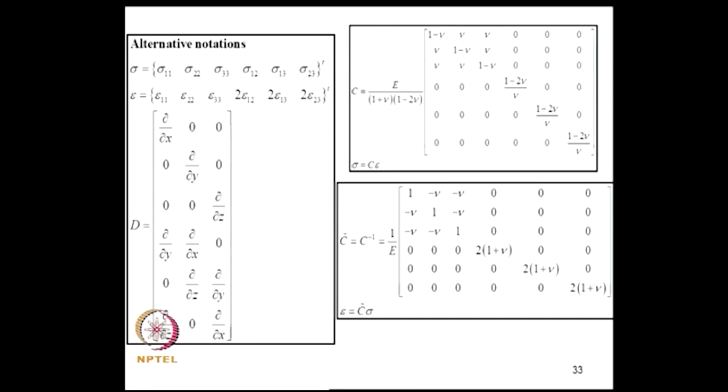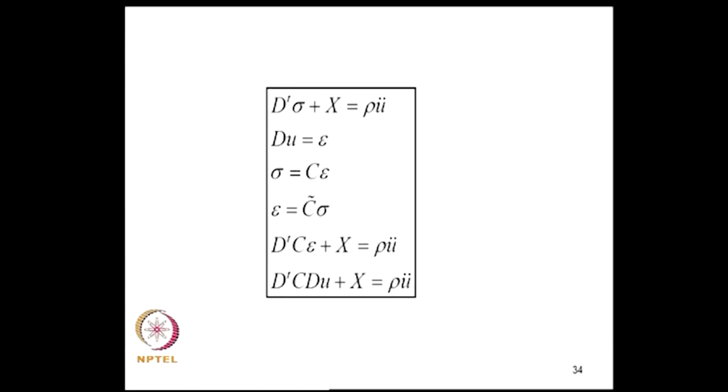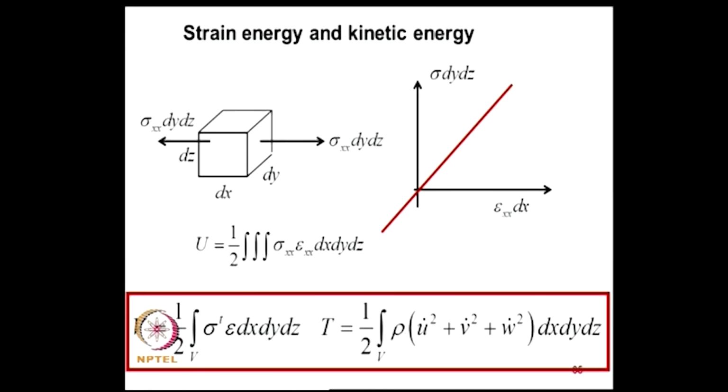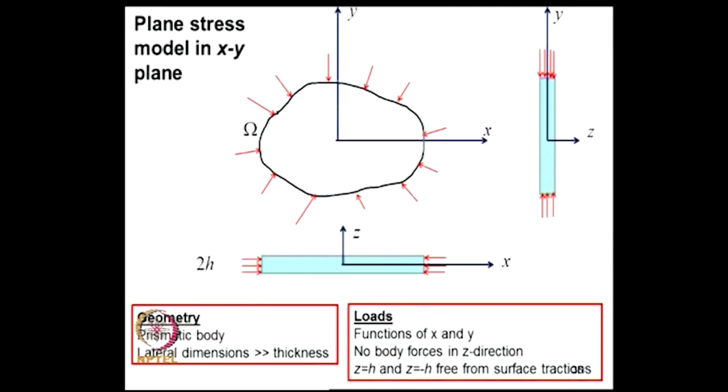We can cut down on the number of dependent variables, and also we can cut down on the dependence of these variables on x, y, z and t by suitable simplification. If there is no dynamics, t becomes irrelevant. So, the independent variables will be 3 instead of 4, but can we use certain features of the problem and reduce these quantities further. So, one such approach is the so called plane stress model.